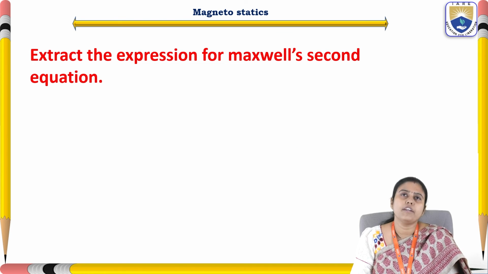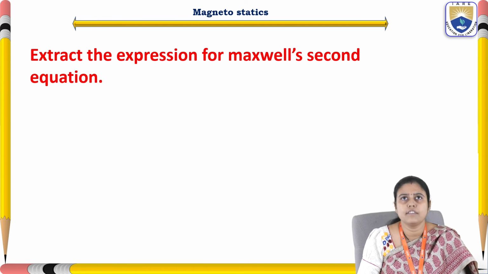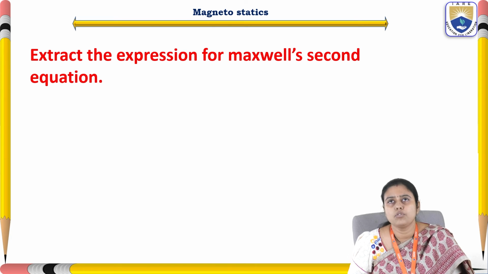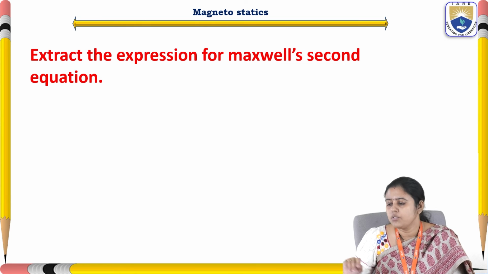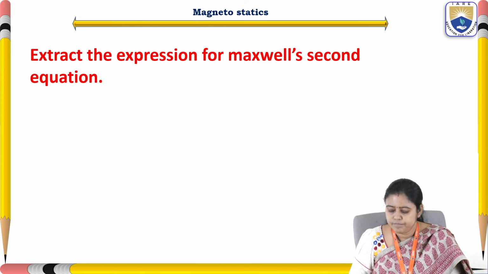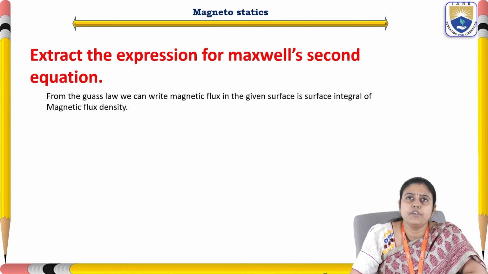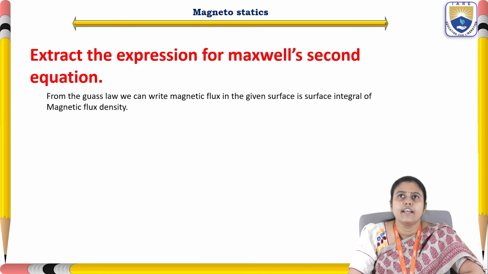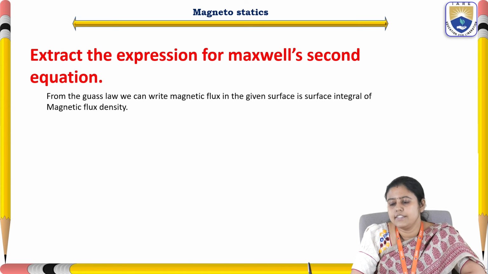Okay. Next important question is to extract the expression for Maxwell's second equation. So Maxwell's first equation is related to the Gauss law. This is Maxwell's second equation, which is related to electromagnetism. From the Gauss law of the magnetic field, we can write the magnetic flux in a given surface is the surface integral of the magnetic flux density.